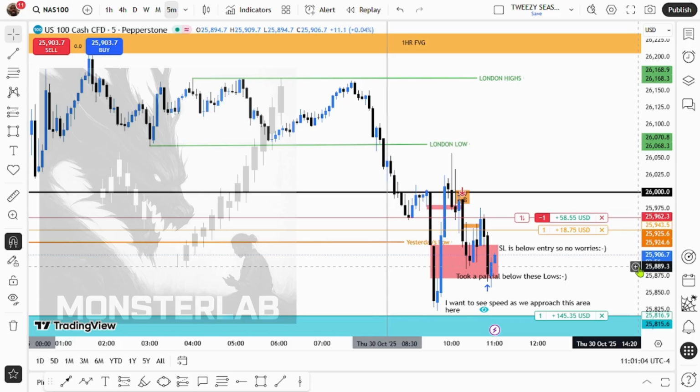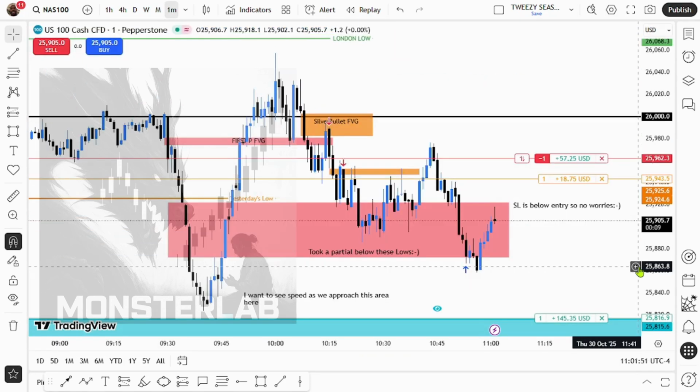So you can see price is reacting from the low of this pink fair value gap, which is below yesterday's low. It might not reach for the high where my entry is, but it might take that high and then continue below.